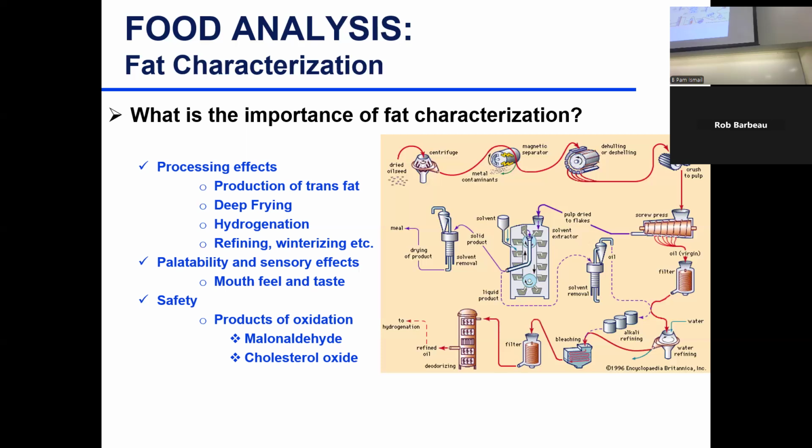So you can take the oil and hydrogenate it, meaning saturate the double bonds, converting them all to single bonds. But if your hydrogenation was not done to completion, you might have the formation of trans fatty acids. And this is not good from a health perspective.